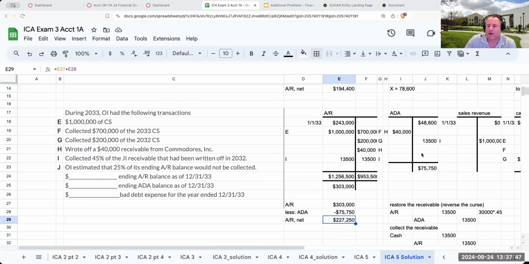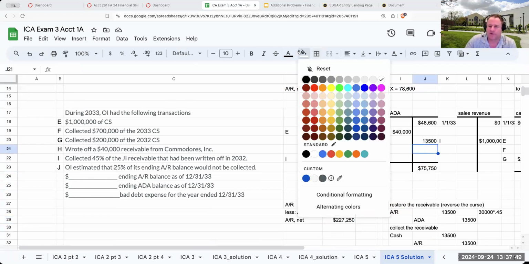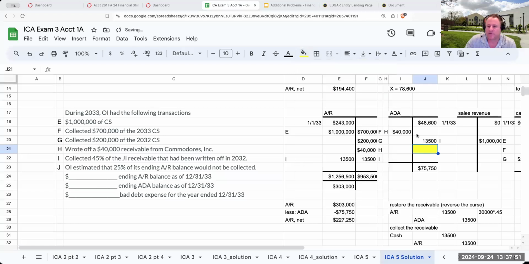So now I come over here to my allowance for doubtful accounts and I'm looking at this T account. Does 48.6 plus 13.5 minus 40 equal 75,750? And the answer to that is no. So what I need to do is figure out how much I need to credit the allowance for doubtful accounts for.